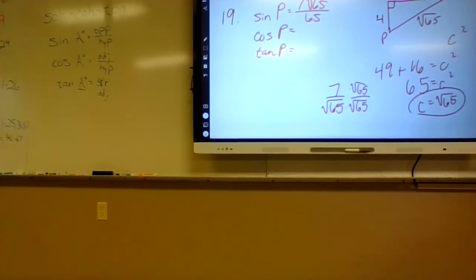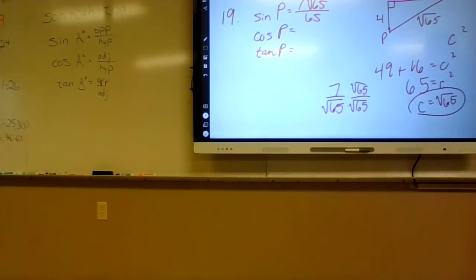Okay, cosine of P is adjacent over hypotenuse. Mari, do you know what is adjacent to angle P? Adjacent means next to, but it's not the hypotenuse. 7 is across the way. 4.